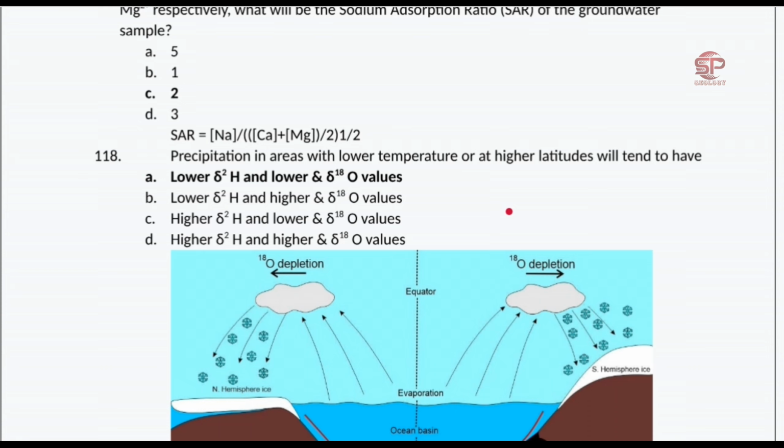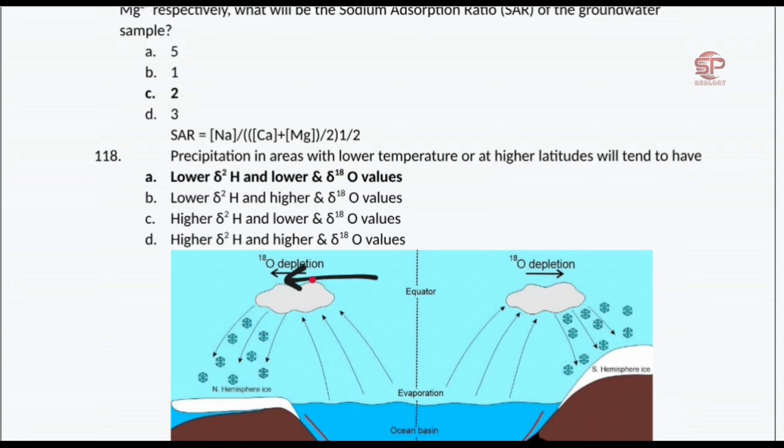When evaporation is higher, obviously the cloud will contain more O16. Then gradually it will move from the equator towards a higher latitude with more O16, because O16 is lighter, so the lighter isotope will be more concentrated in the cloud, and when it precipitates, more concentration of lighter isotopes will be found within the precipitation.